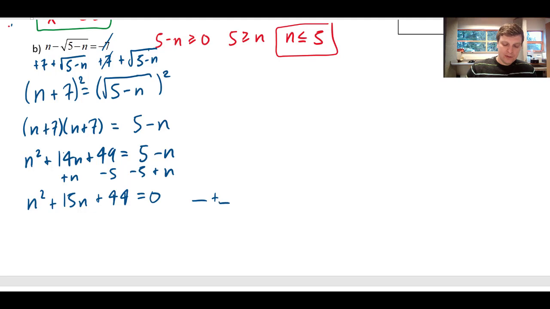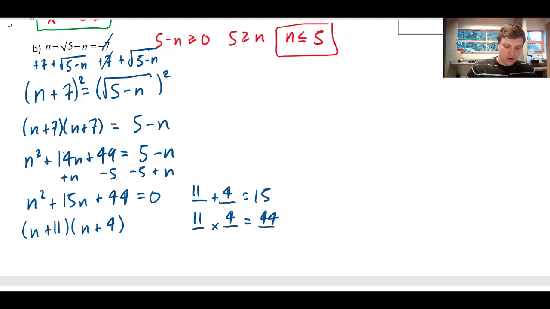Looking for two numbers that add up to 15 and multiply to 44. And they're both positive, so I guess 11 and 4 would do the trick. So I've got n plus 11 times n plus 4 equals 0. And so when I solve this, I get n equals -4 and n equals -11.